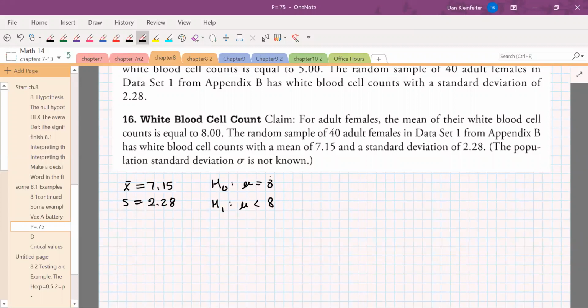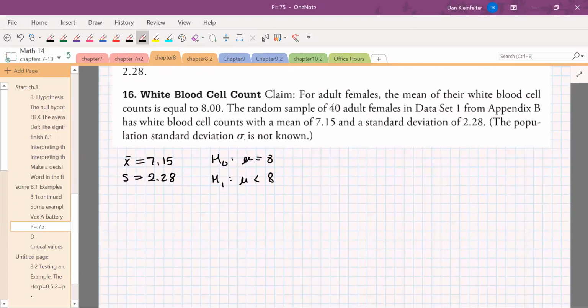All right, so here, notice in here that the population standard deviation is not known. So we're going to be using a t-distribution. We're talking about the mean. That's what our claim is about. But we're told that the sigma is unknown, so we're going to be using the t-distribution. So we'll have x bar minus mu divided by s over root n. So the x bar comes from our sample.